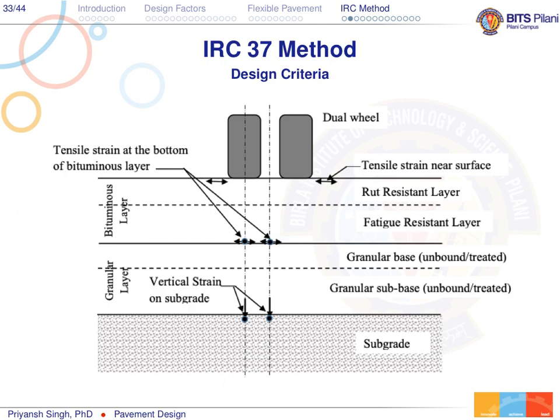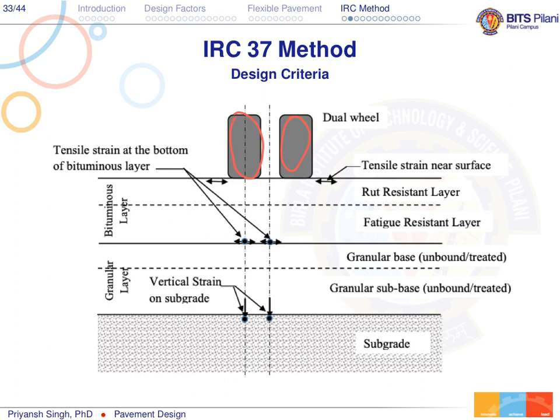Now let's see the design criteria for designing a flexible pavement using IRC 37. We have already seen that the standard load taken for design is the single axle dual wheel configuration. So these are the tires representing the single axle dual wheel. On one side two wheels are represented by these two tires.